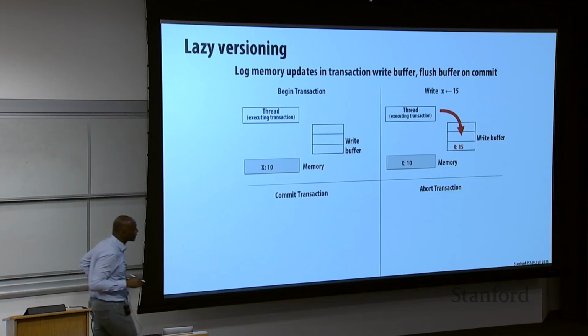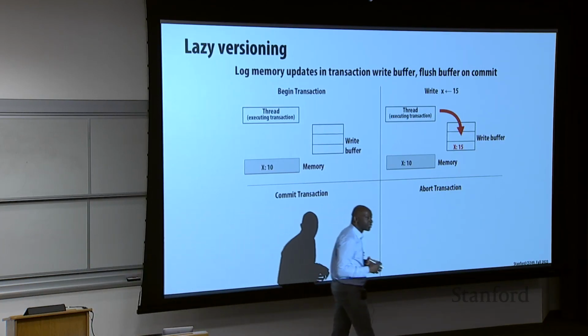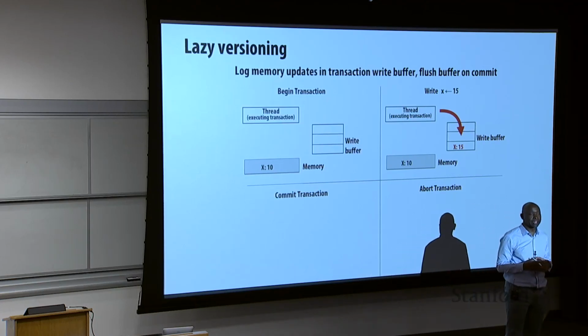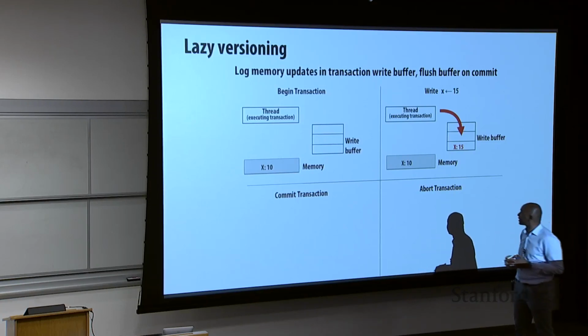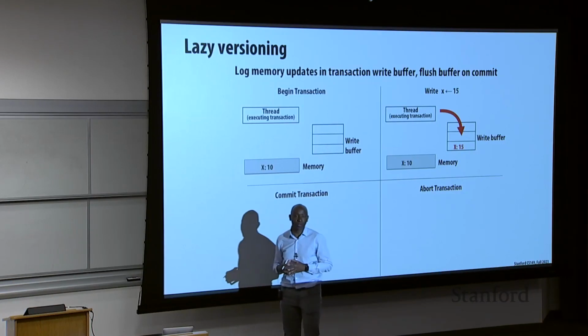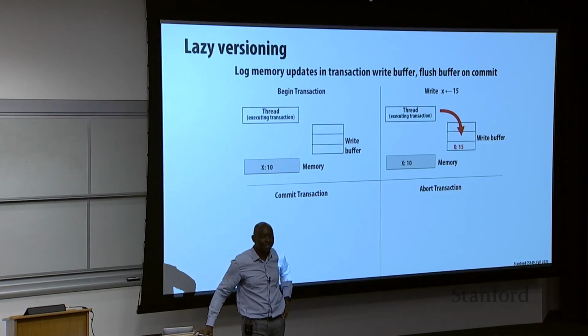Now that we've done this, have we created some complexity for what happens to the rest of the reads to X in the transaction? You may have dependencies. The question is, where should subsequent values of X come from? Memory?